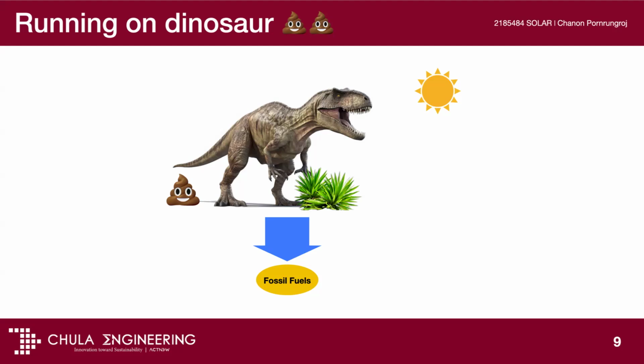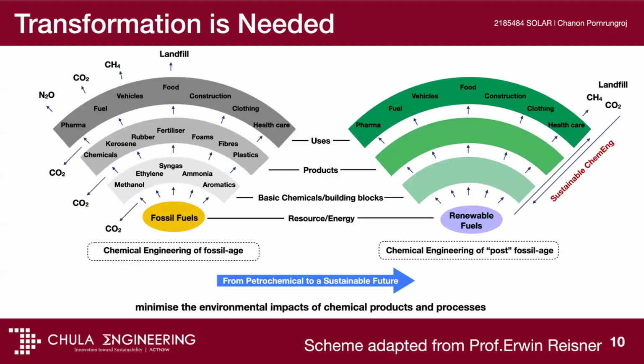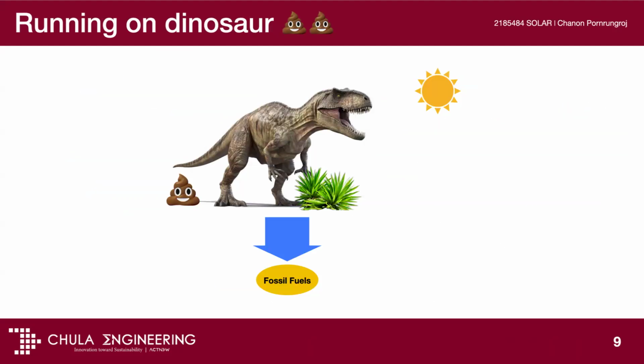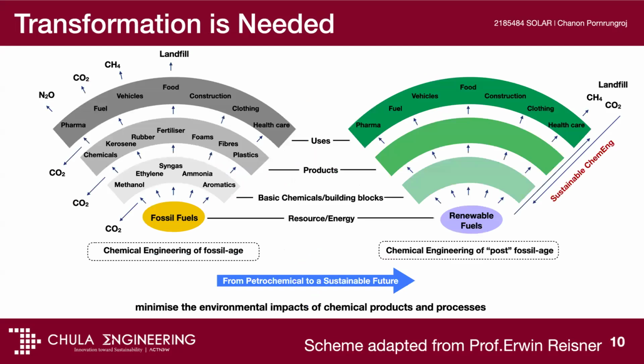We know our fossil fuels that we use now are the result of biomass from a long time ago, compacted at high temperature and high pressure, which then makes fossil fuels. And that's what it is. Essentially, we want to mimic this, but in a much shorter time. So we want to create some kind of fuels.